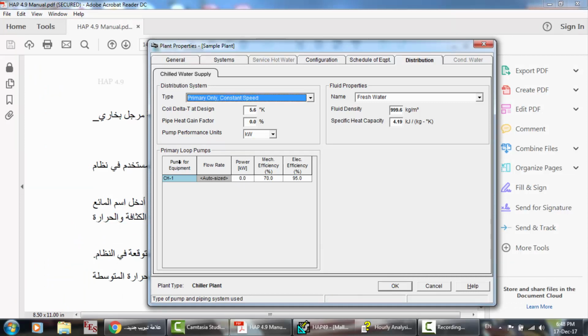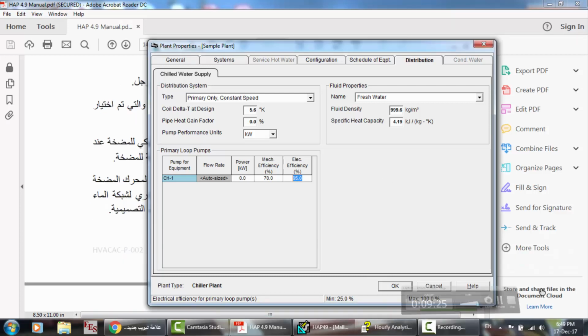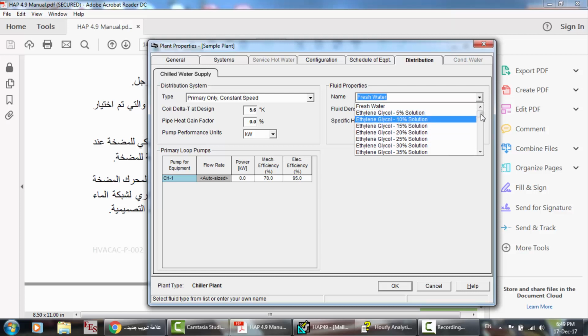So here, for primary loop pumps, you can use the input power. Notice that you can make it kilopascal or kilowatt, and here are the mechanical efficiency and the electrical efficiency. Here for the fluid that is used, maybe fresh water, or you have to select the fluid in the circuit.